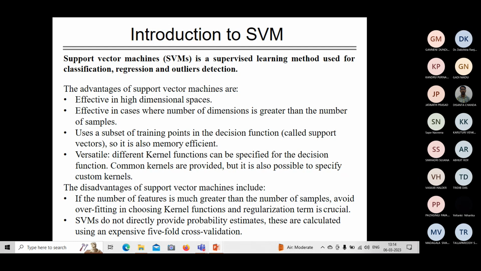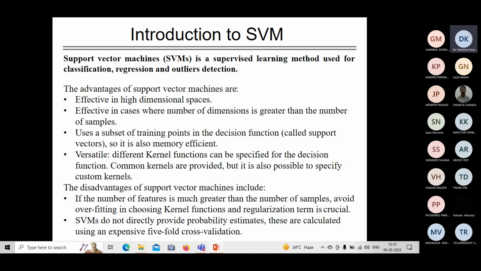That means if the number of features is much greater than the number of samples, we should avoid overfitting in choosing the kernel functions, and the regularization term is crucial.